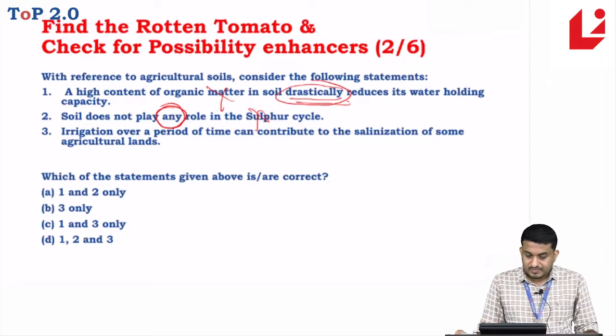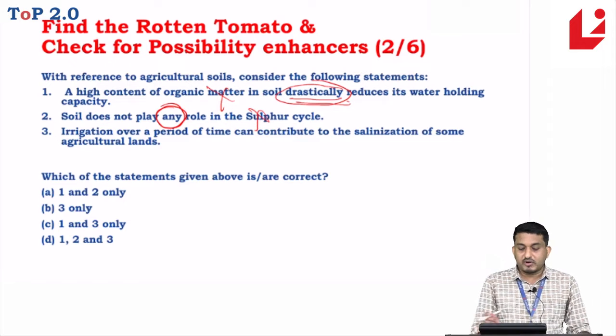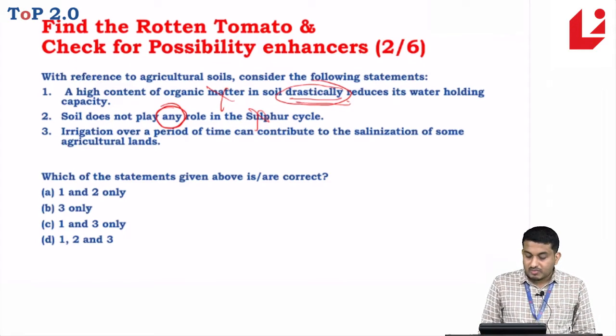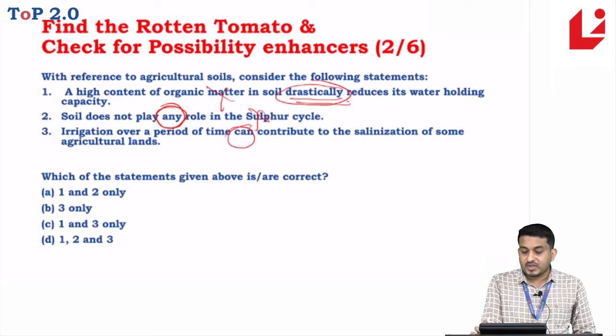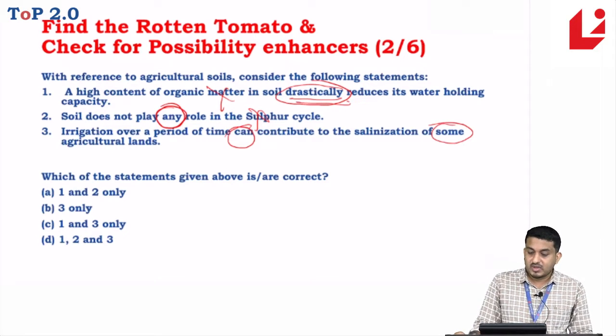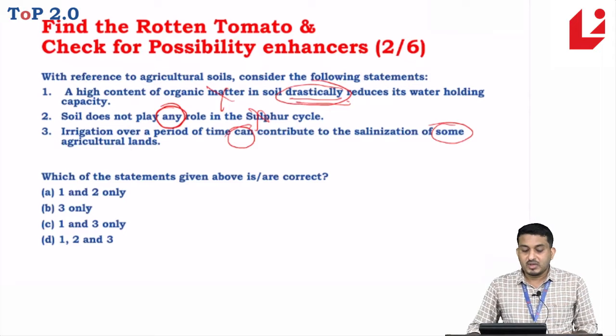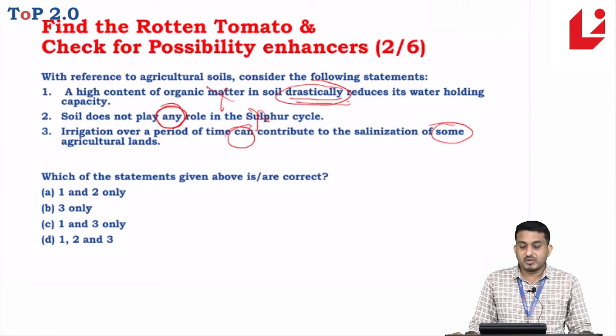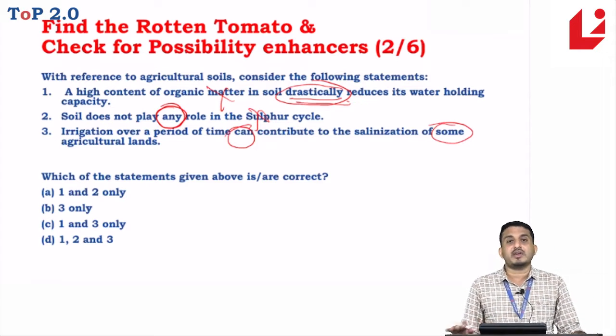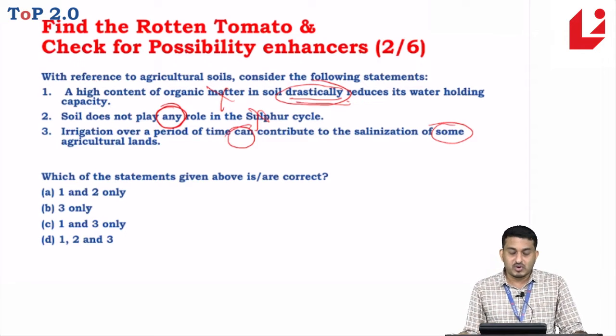Now third statement, irrigation over a period of time can contribute to the salinization of some agricultural lands. If I talk about this particular word, some is what? Some is a possibility enhancer. If the statement was salinization of all agricultural land, then the statement would have been wrong.